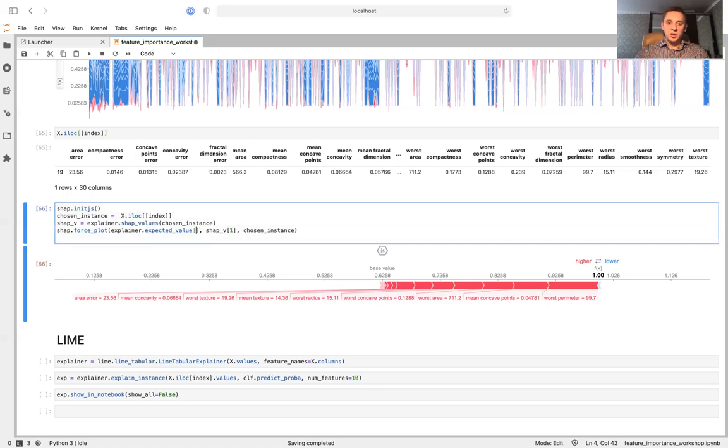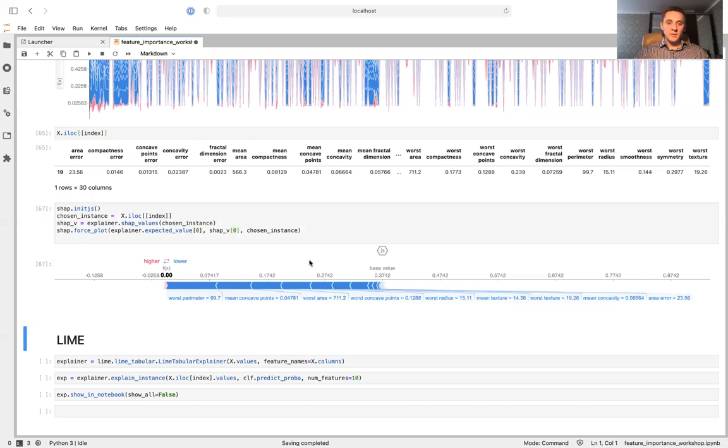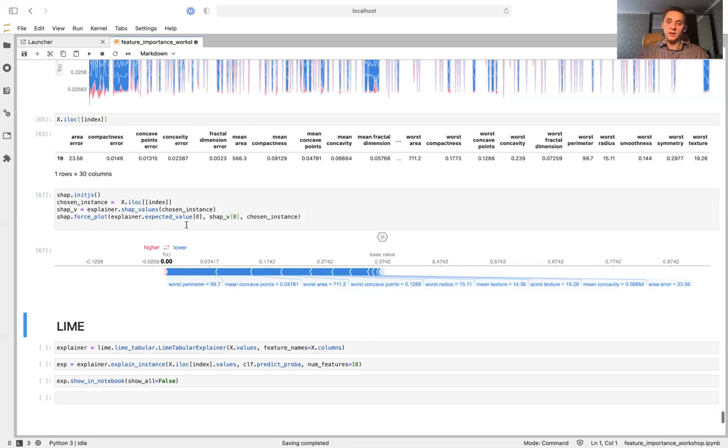So if we change the output value to 0, we can see that the probability of label 0 is equal to 0, right? And worst perimeter, mean concave points and worst area were just dragging down the probability of 0.